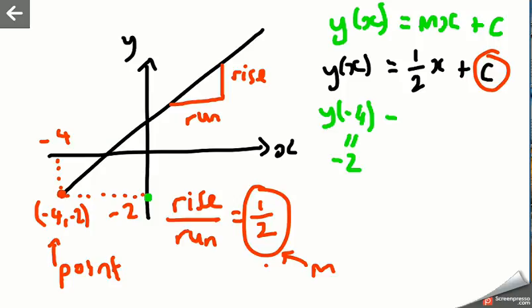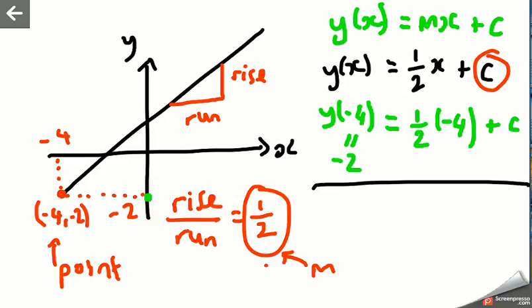But I also know that y of -4 is equal to 1/2 times -4 plus c. In other words, -2 equals 1/2 times -4, which is -2, plus c.